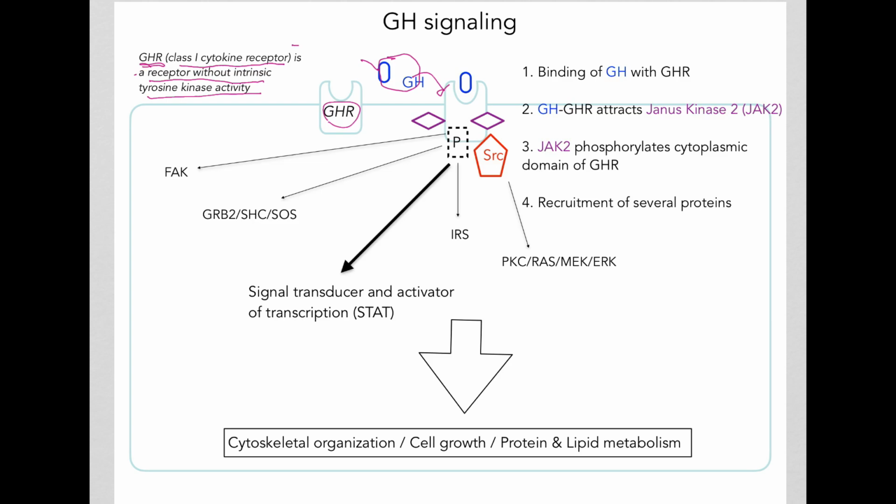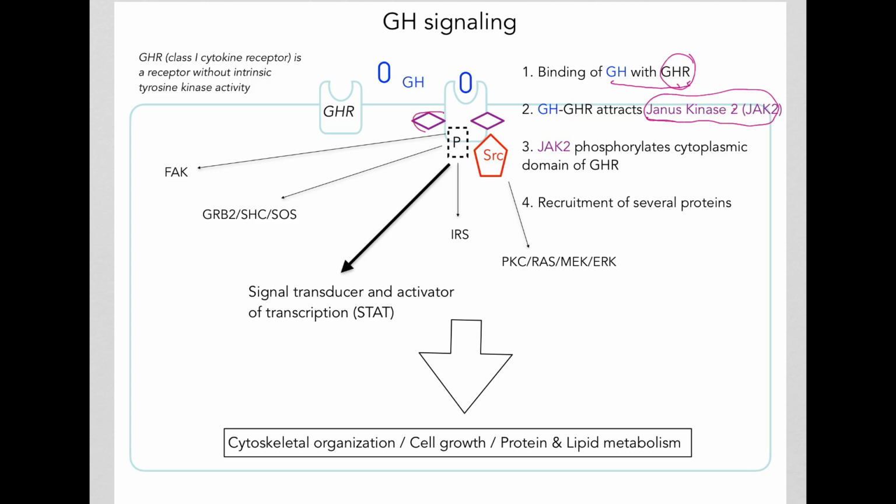So this is unlike the insulin receptor, which has intrinsic tyrosine kinase activity. So when the growth hormone binds its receptor GHR, that binding will cause an attraction of a protein called Janus kinase 2, which has tyrosine kinase activity.